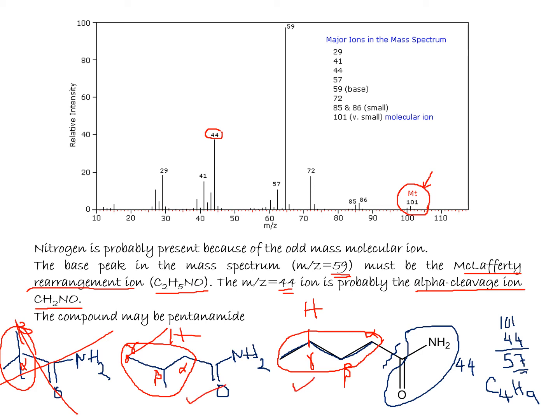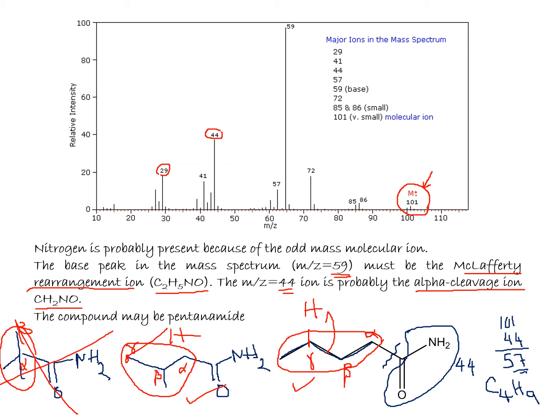Now if you go and examine the spectra again, you have 29. If you have this, how can you get the 29? While if you have linear, you can get this out.